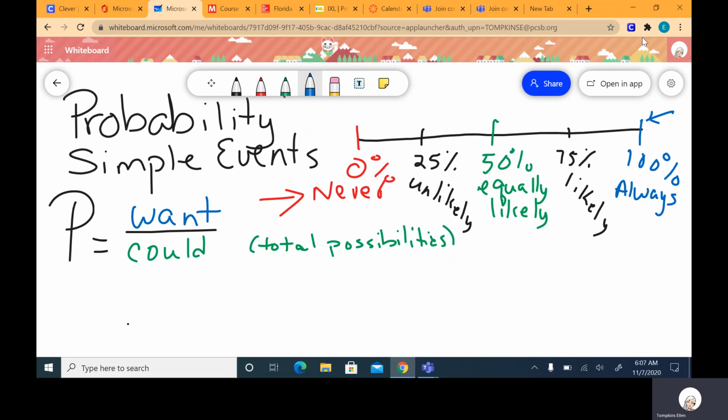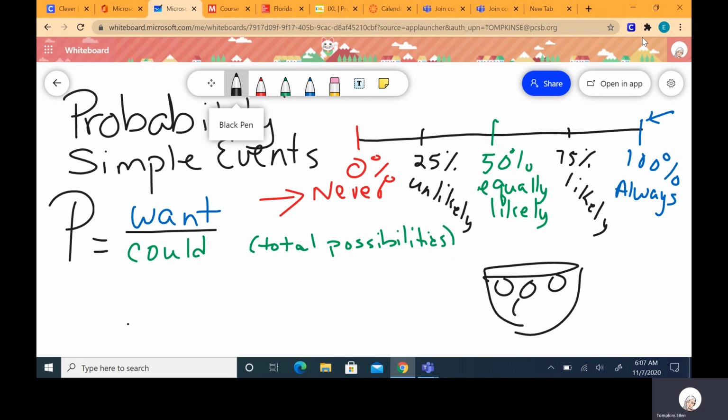An example of 0% would be if I have this bag of marbles, and there are 3 green and 2 blue. What is the probability of pulling out a red one?